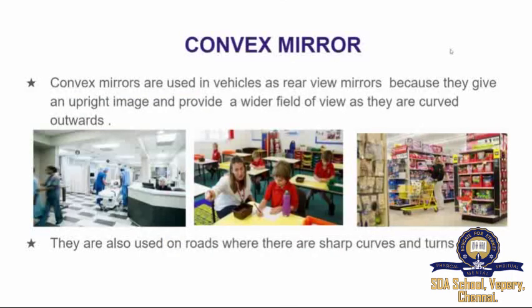Convex mirrors are used in vehicles as rear view mirrors because they give an upright image and provide a wider field of view as they are curved outwards. Convex mirrors are also used on roads where there are sharp curves and turns.